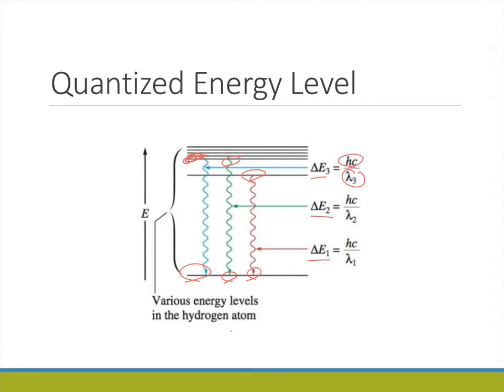Now we can see that this is really kind of like a staircase, but the staircase in this case has a really, really big first step, and each of the subsequent steps gets closer and closer together. And we're going to see how this concept was used to construct a model of the atom.